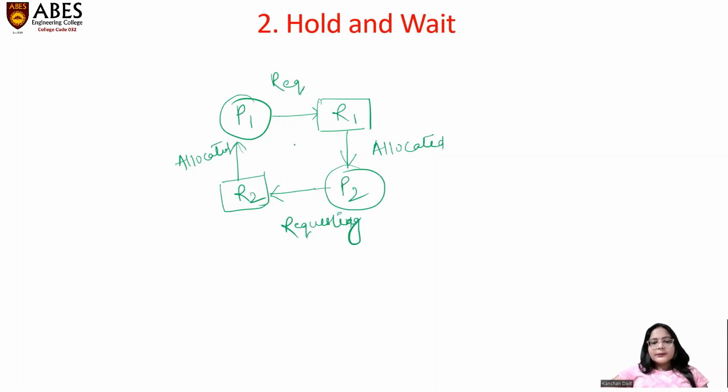Here we can see that P1 is holding resource R2 and waiting for resource R1. In the same way, P2 is holding resource R1 and waiting for resource R2. So this is the hold and wait condition for deadlock.